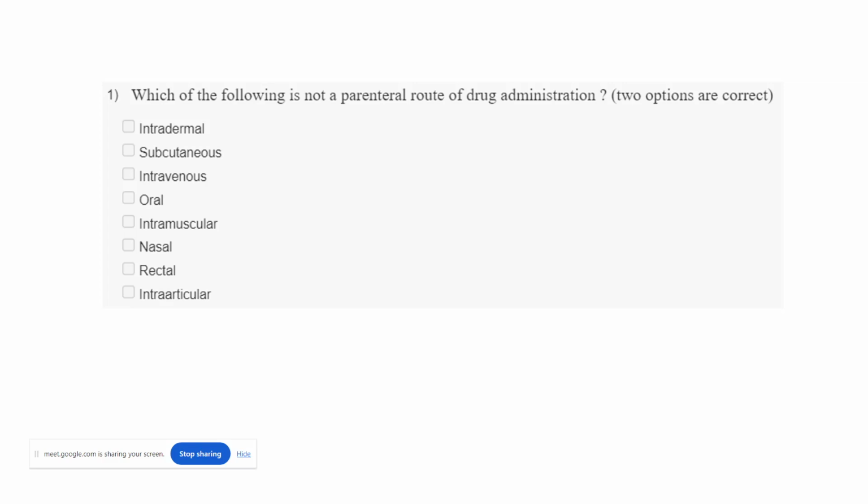We have to select among the options which is not a parenteral route of drug administration.